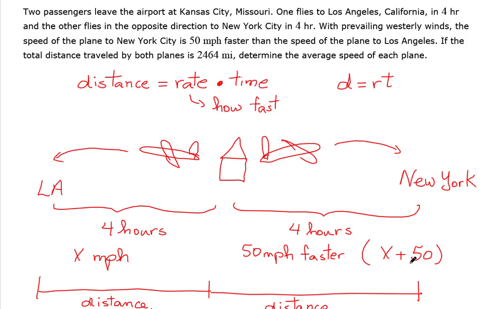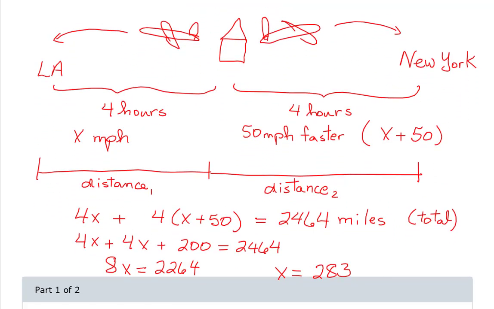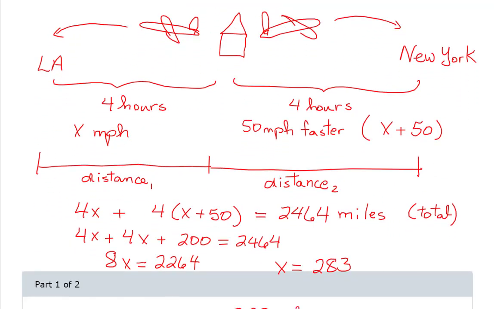All right. Now, what else do they tell me? They tell me that the total distance of the whole process is 2,464 miles. Well, that total distance would be distance 1, this left half, plus distance 2, which is the right half.